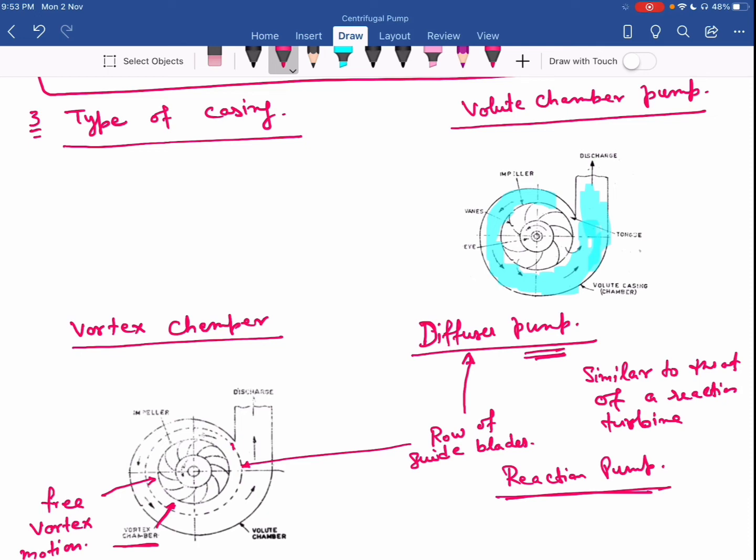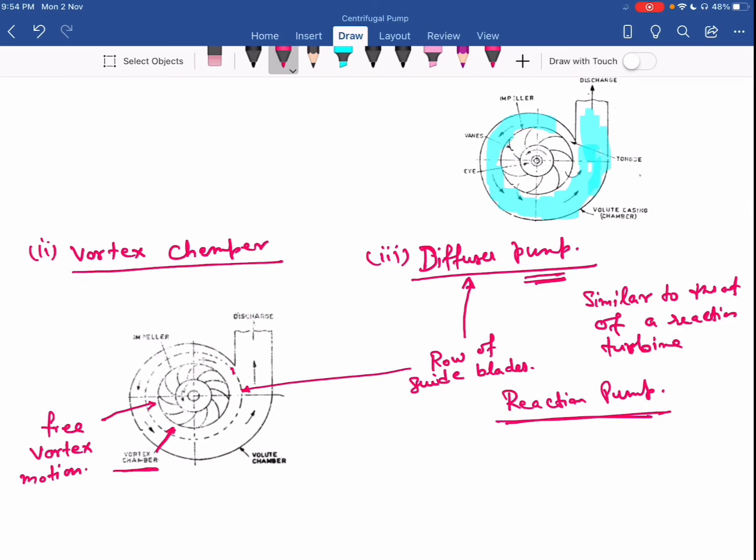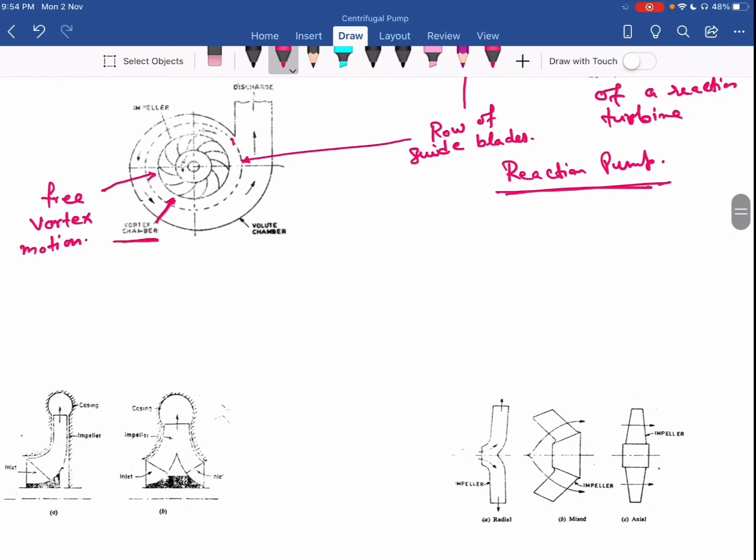So this is the third type of pump depending upon the casing. First is the volute or spiral chamber pump, then the vortex chamber pump, and the diffuser pump. Then the next classification, the fourth one, is on the basis of direction of flow of water.